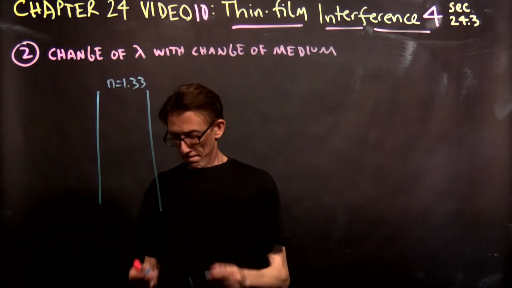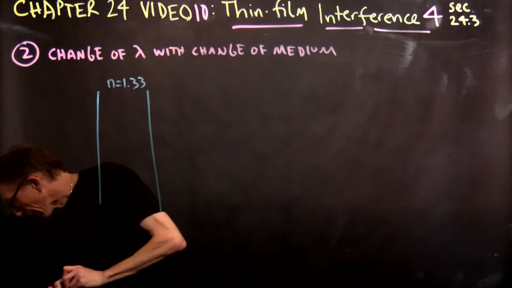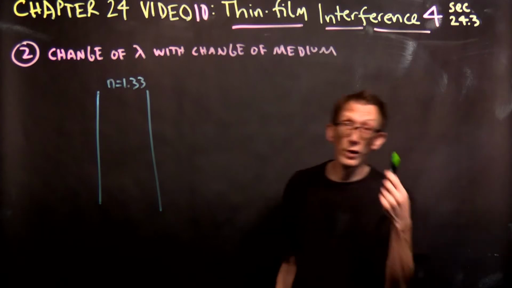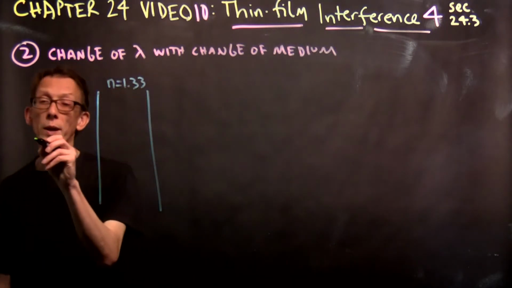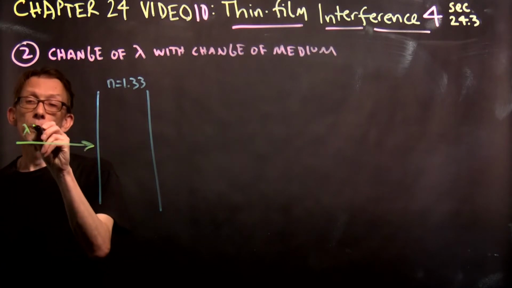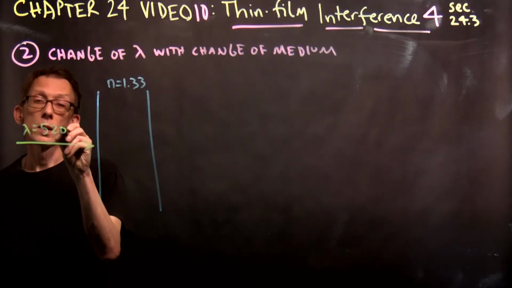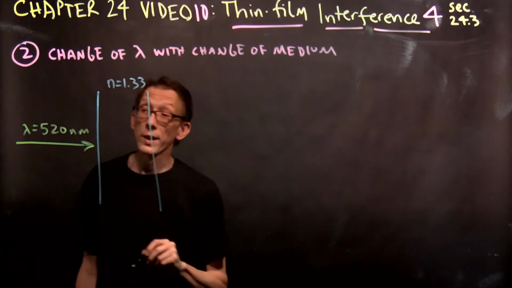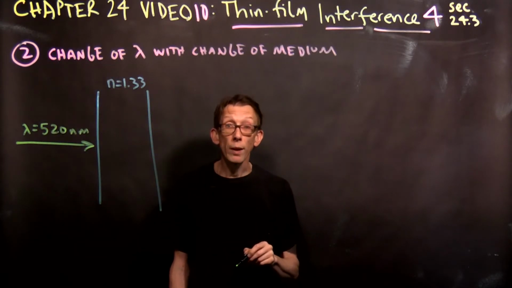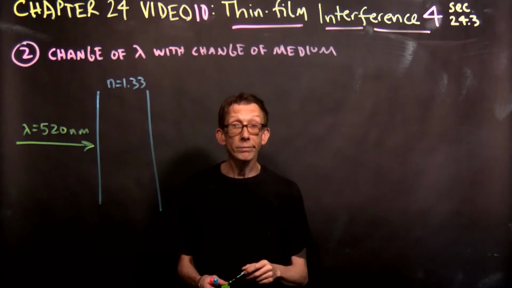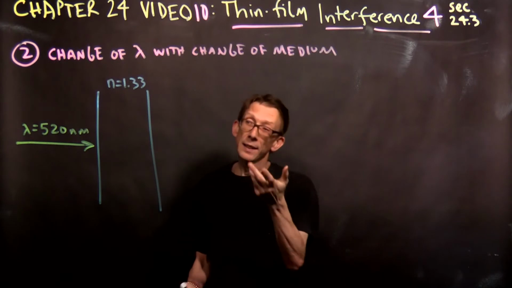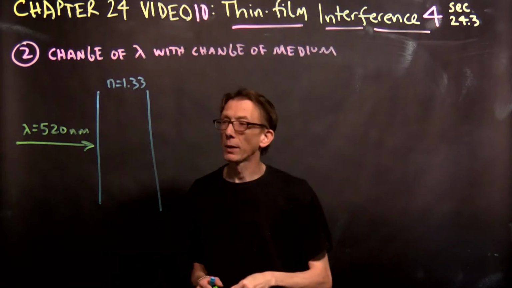If we take a nice green laser and shine it through the glass, lambda is about 520 nanometers for green. The green laser that we played with in class that day is about 520, maybe a little bit less, but something like that.